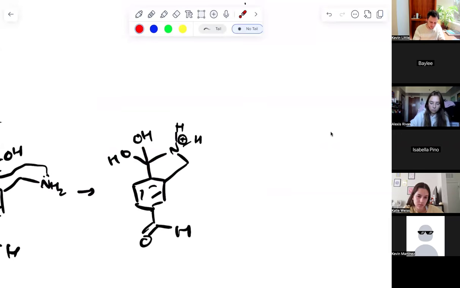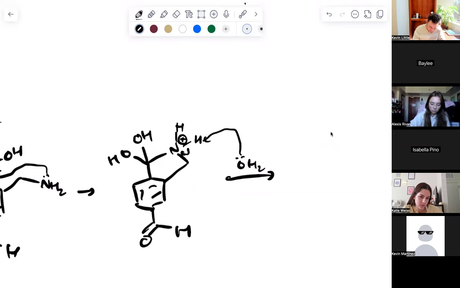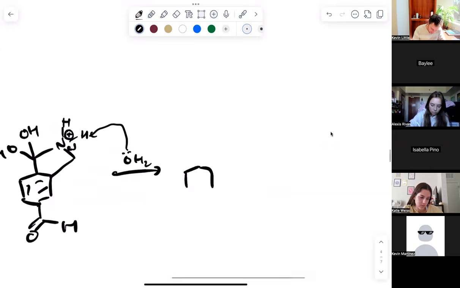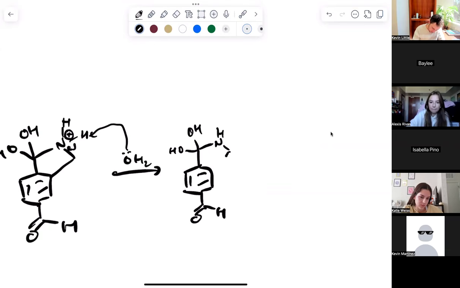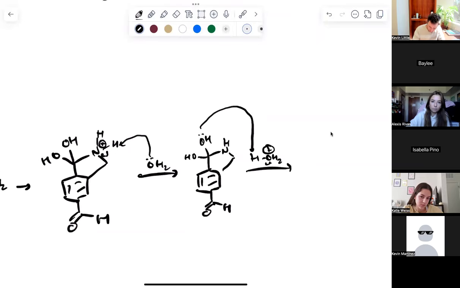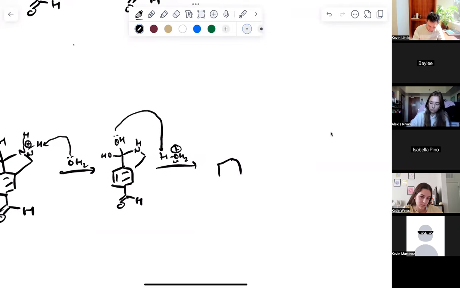It wants to reform. My best leaving group is one of these OHs, so I'm going to take it. Take a proton from the nitrogen. I'm going to give it to one of these oxygens. They're the same, so it doesn't really matter which one.